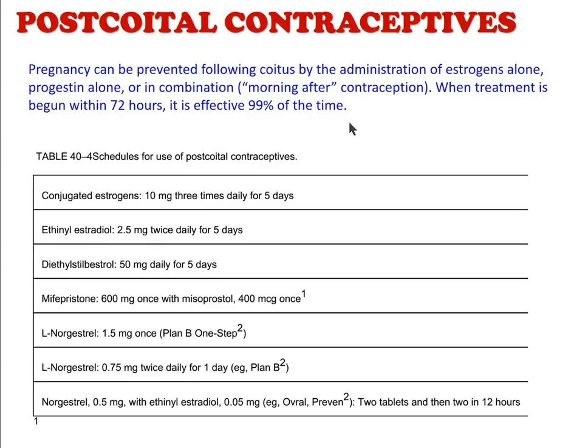And these are the postcoital contraceptives. Basically, you can say these are morning after pills. But they need to be given within 72 hours to be 99% effective.